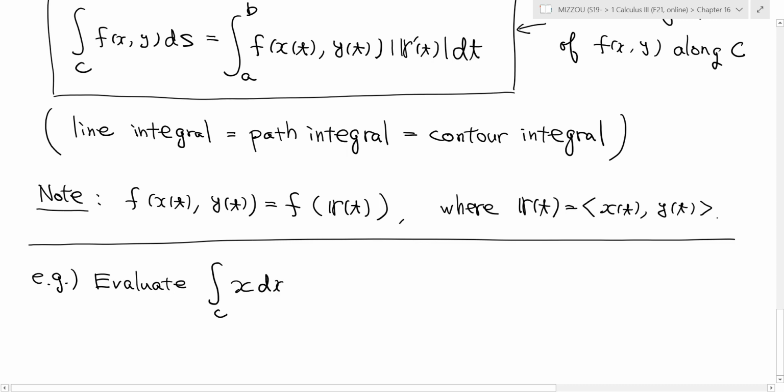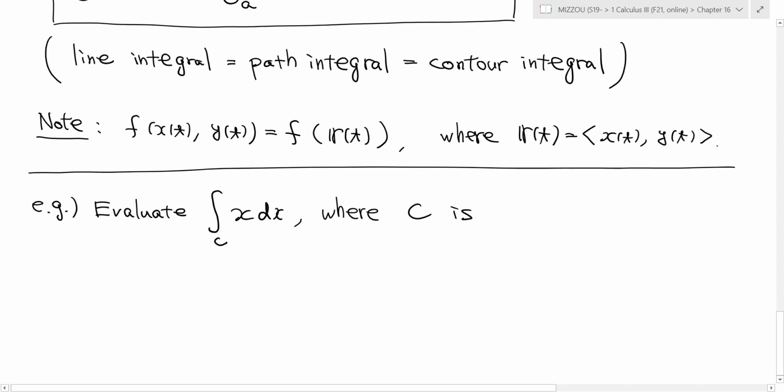So the integrand is just x; f of xy is just x in this case, where the curve C is this quarter of the circle of radius 2, starting from here and going up to here. That's our curve C.